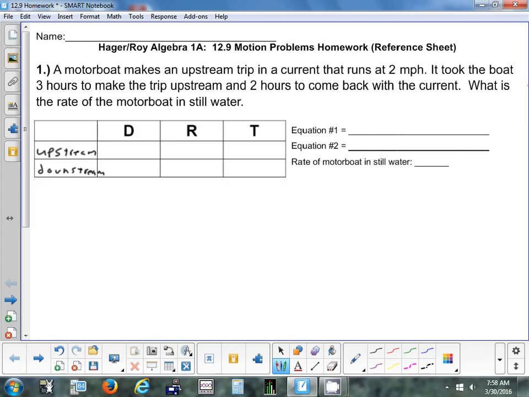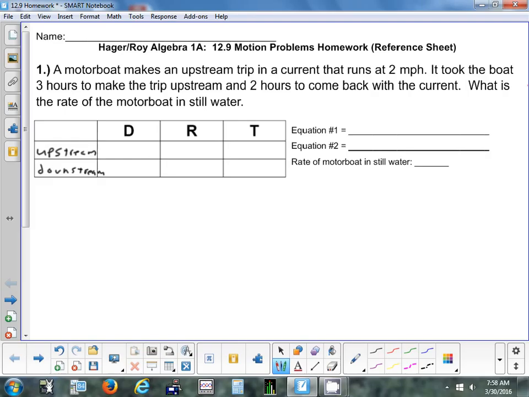Now, when you go upstream and then you come back the same way you came, what do you know about the distance you traveled? If you started, say, at your house and you traveled upstream and then you traveled back to your house, how does the distance going upstream and downstream compare?